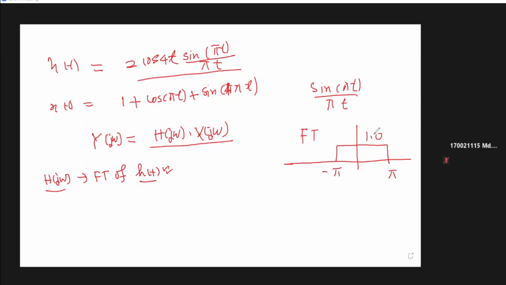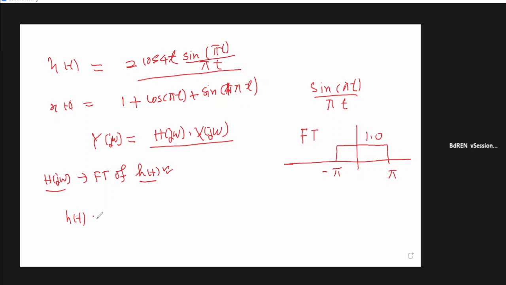It will be cosine 40 from minus pi to pi. This multiplication, you can think in two different ways. You can use your convolution property, or you can use time domain or frequency domain properties, which can be explored here without going to convolution.